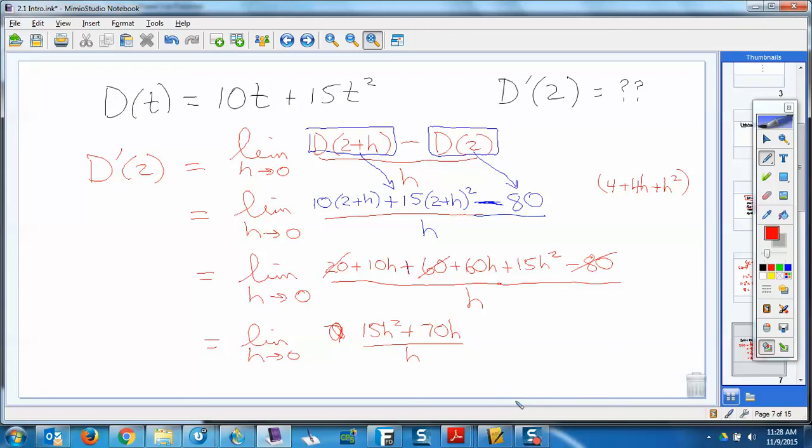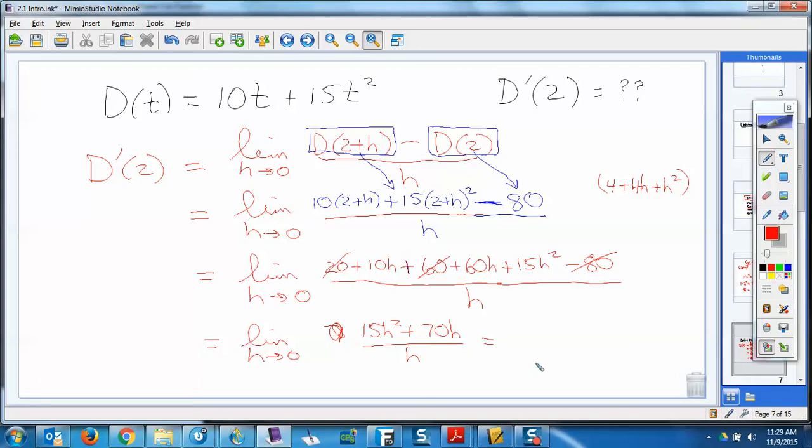So now we get down to here. What algebra can I do to this? Can I factor out an h? Now you're right, there's two ways to think about this. I like what Matthew's saying here: we can take this divided by h, and this divided by h, divide both of them by h, and an h would cancel. Or we could factor out an h, and cancel an h.